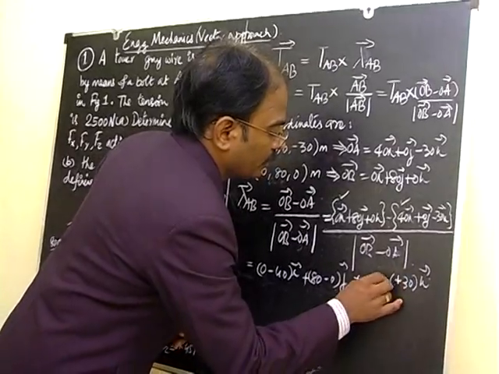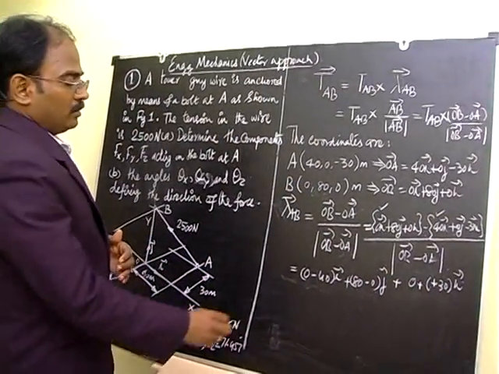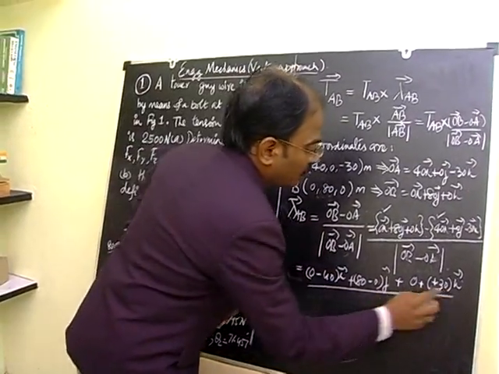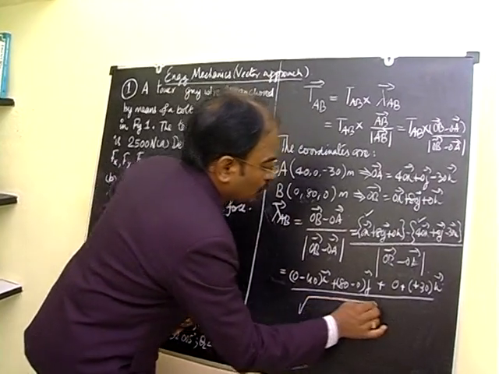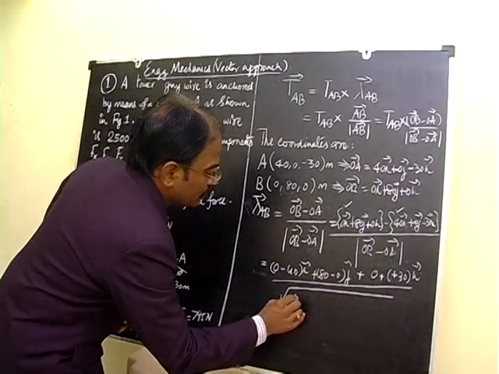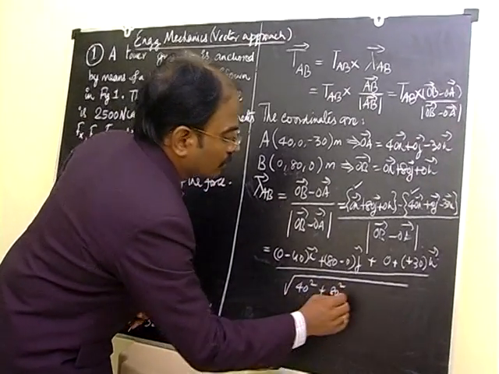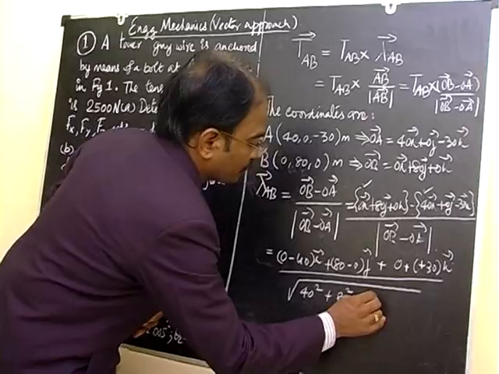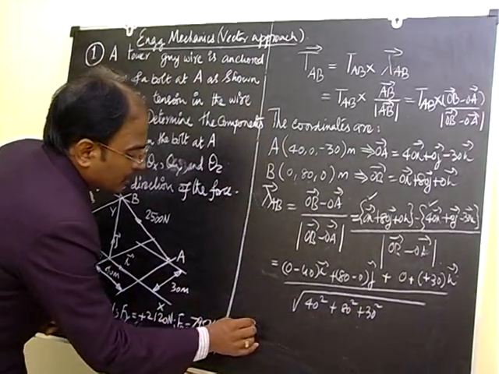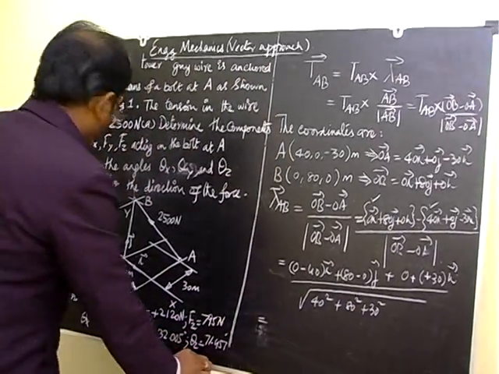So minus and minus become plus. So divided by this magnitude value, which is nothing but square root of 40 square plus 80 square plus 30 square. We can calculate this with the help of a calculator.